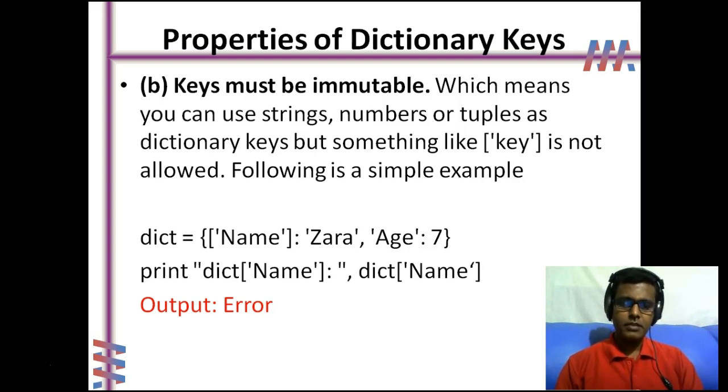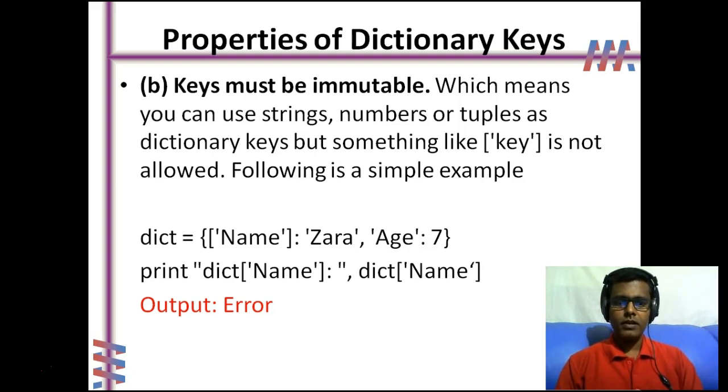So in the example given here, dictionary is equal to name Zara, age 7. Look at this carefully. The name is given within a list, that is within the square brackets. Whenever I give something within the square brackets, it automatically becomes a list. So here the name is considered as a list.